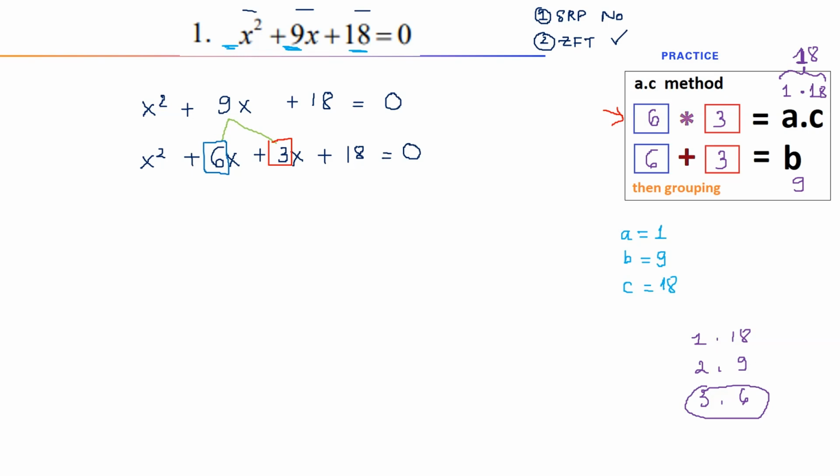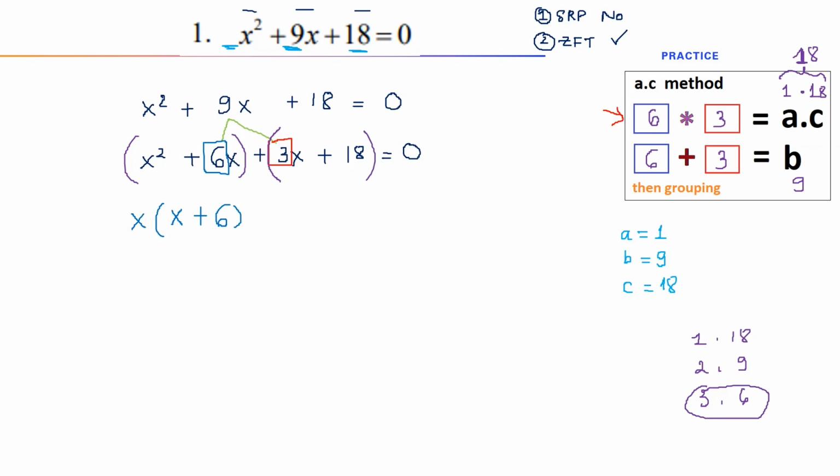Now grouping. I will group the first two terms, x squared plus 6x. The second group is 3x plus 18. For the first group, x squared plus 6x, I take x out as the common factor between x squared and 6x. When I take x out, the leftover is x plus 6.